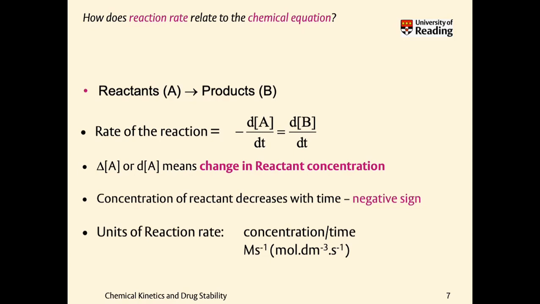As we saw in the thermodynamics lectures, the triangle is important, and in our kinetics lectures, the small lowercase d is also important. It tells us that it's changing concentration over time.